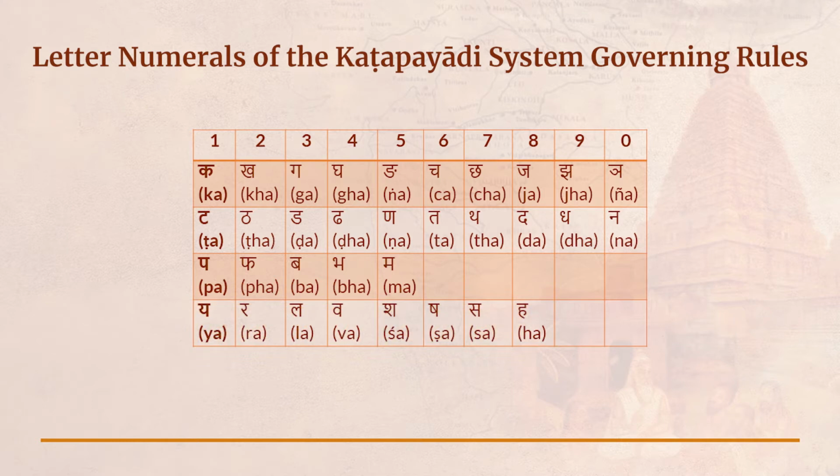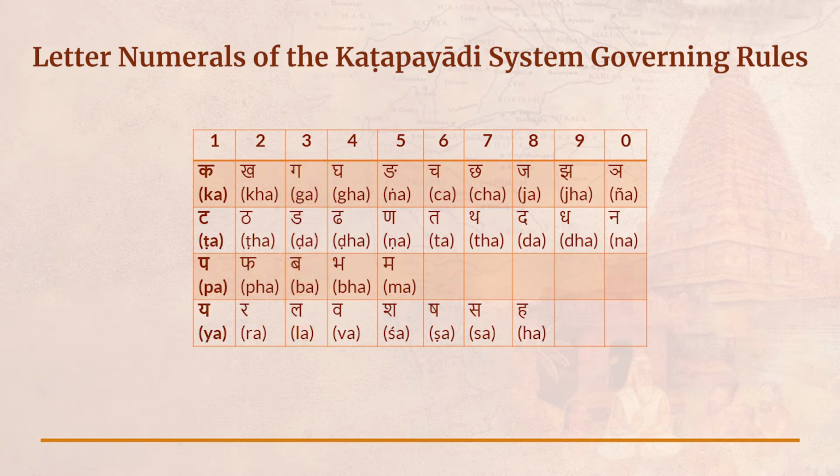So now you have a good possibility of using these consonants to represent the numbers 1 to 0. As I mentioned earlier, let us say we want to represent the number 3. So if you want to represent the number 3, in this entire column, you can use ga, or you can use da, or you can use ba, or you can use la, any of these.